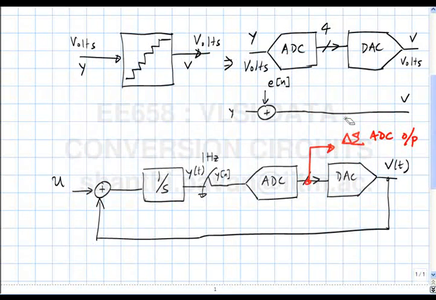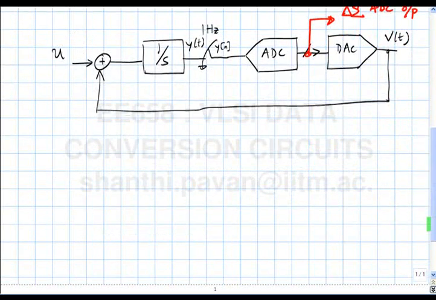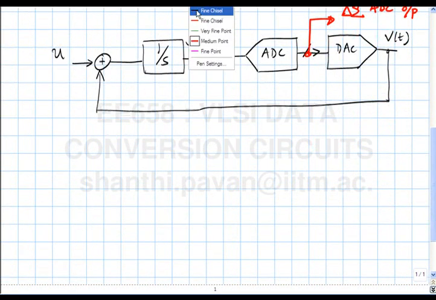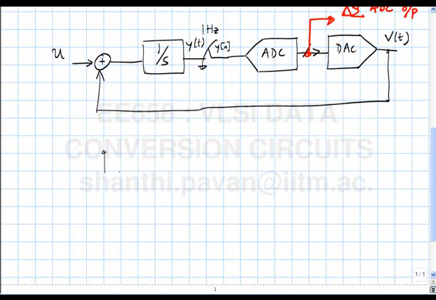So, if I look at the output in the time domain, this is the code of the delta sigma output in the time domain.